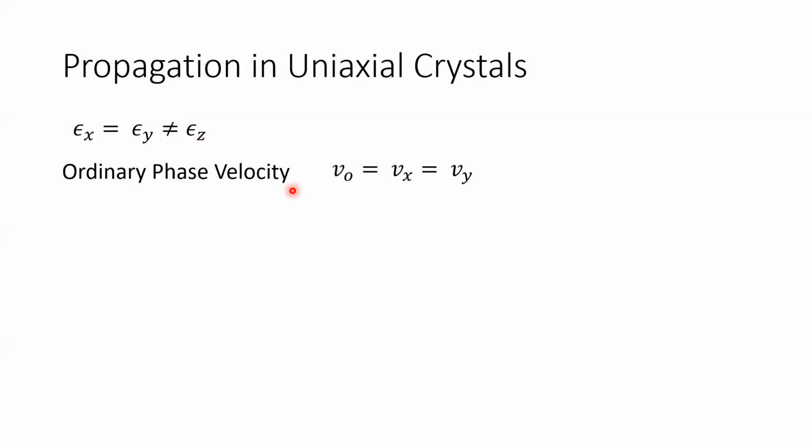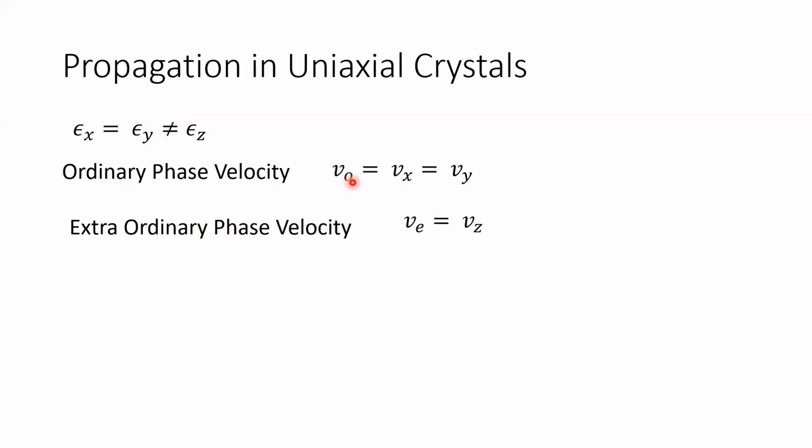Remember, we have defined these principal velocities in terms of epsilon x and epsilon y. Now epsilon x and epsilon y are the same, so we get one which is called the ordinary phase velocity, V_o, from the two permittivity values which are the same. The other is the extraordinary phase velocity, V_e.